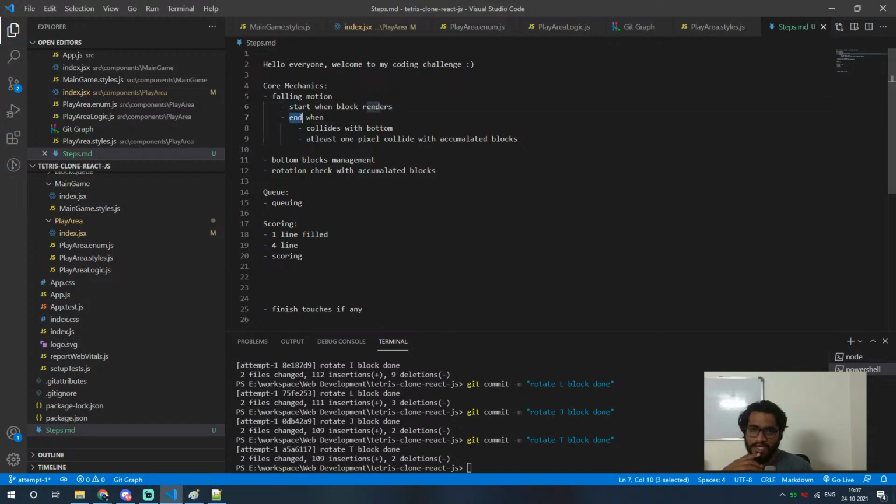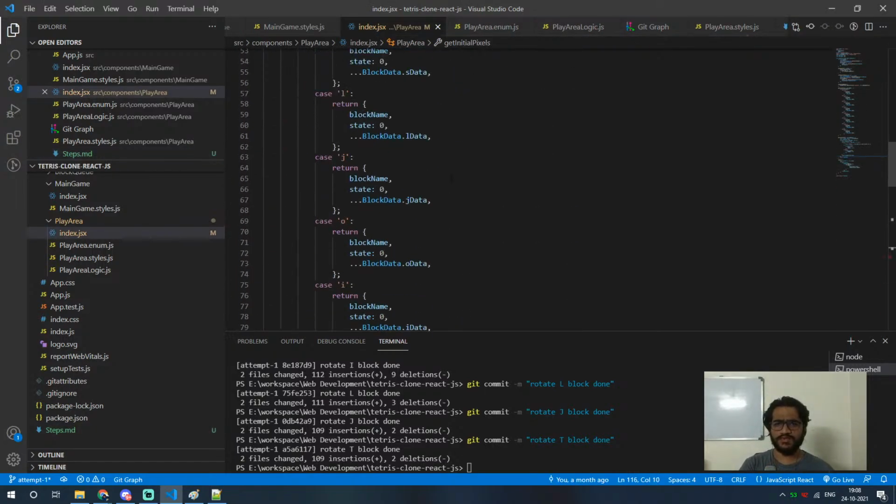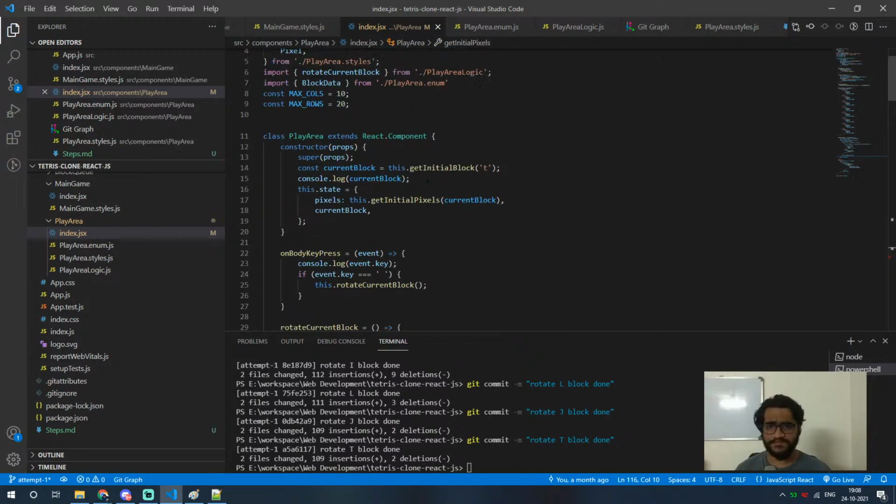start and end, at least this end, and figure out about these later accumulated blocks. Falling motion is going to be a little simple. Current block, right?